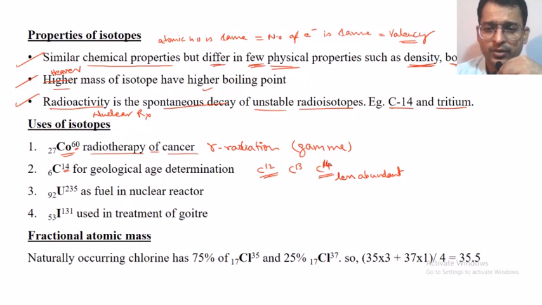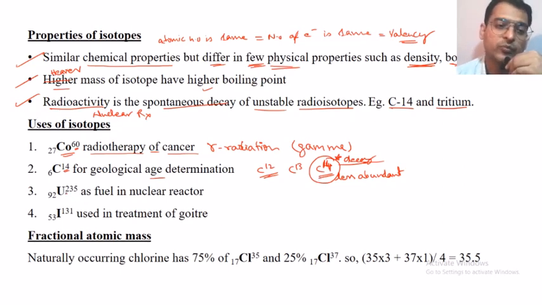Okay, based upon the ratio of C12 and C14, we can determine the age of the sample. Because as time goes on, this will decay, right? This is less stable, so it will decay, it will give radiation, its ratio will decrease. In that way people determine.